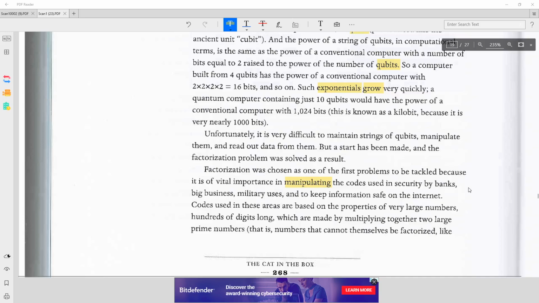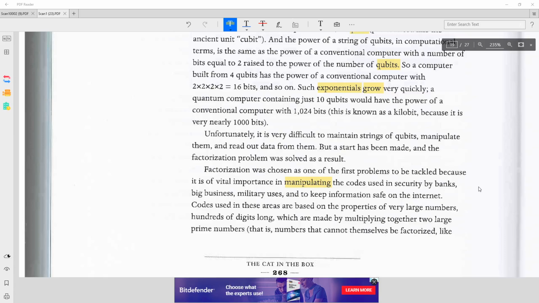A quantum computer containing just 10 qubits would have the power of a conventional computer with 1024 bits. This is known as a kilobit because it is very nearly 1000 bits. Unfortunately, it is very difficult to maintain strings of qubits, manipulate them, and read out data from them.